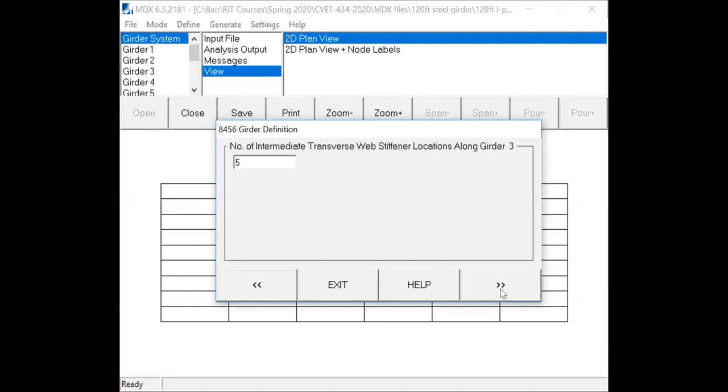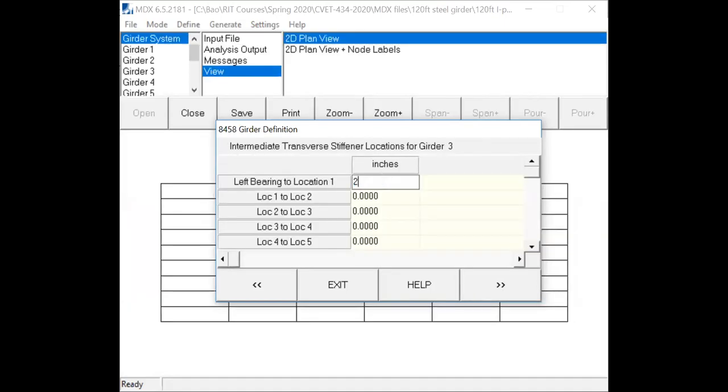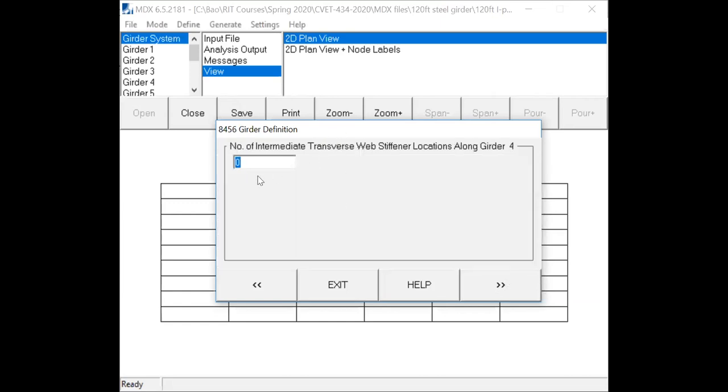So 5 locations for web stiffeners, and 240, 240, 240, and 240. So all those spacings are 20 feet, which equals 240 inches. And just keep doing that for all 10 girders, okay?